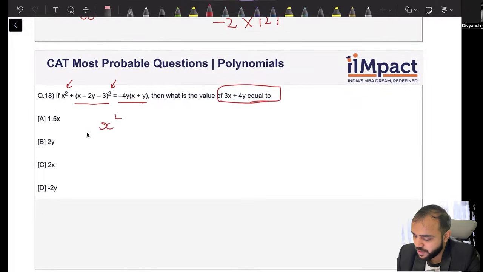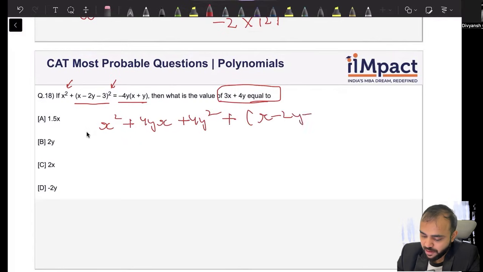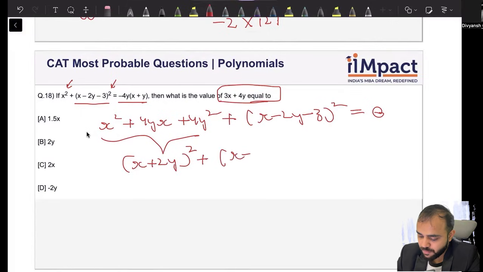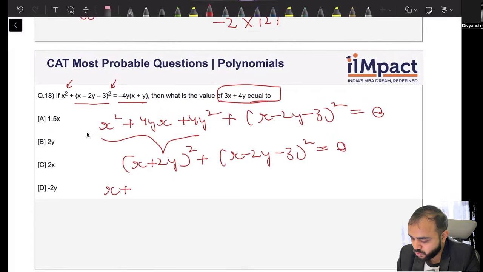So I'll get x square plus 4yx plus 4y square plus x minus 2y minus 3 whole square is equal to 0, and this I can write as x plus 2y whole square plus x minus 2y minus 3 whole square is equal to 0, which means x plus 2y is equal to 0 and x minus 2y minus 3 is equal to 0.